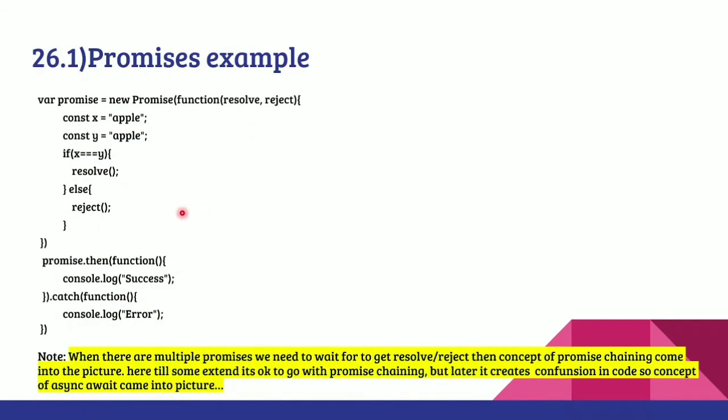Here we have written const promise equal to new Promise, then function with resolve and reject. Then we compare variable x with variable y. If x is equal to y, then resolve; if not, then reject. Once the promise definition is done, we write promise.then, and if it is resolved, console.log prints success. If it is not resolved, we print error. Let's see this example in our VS Code.